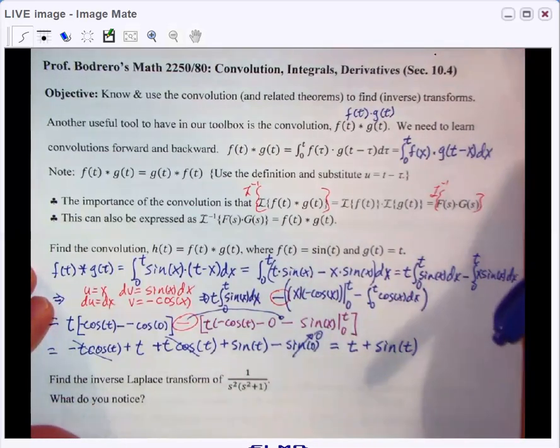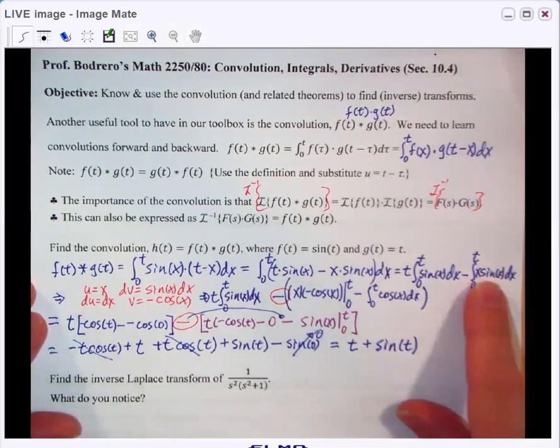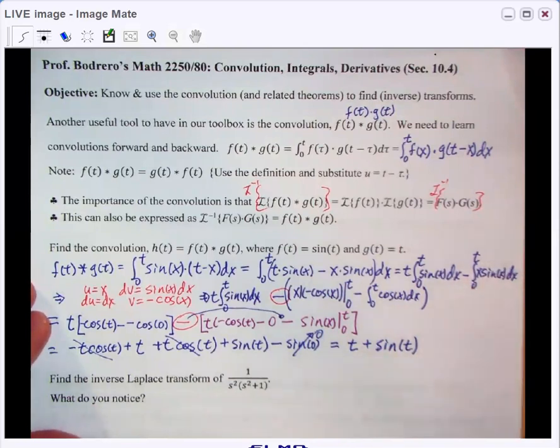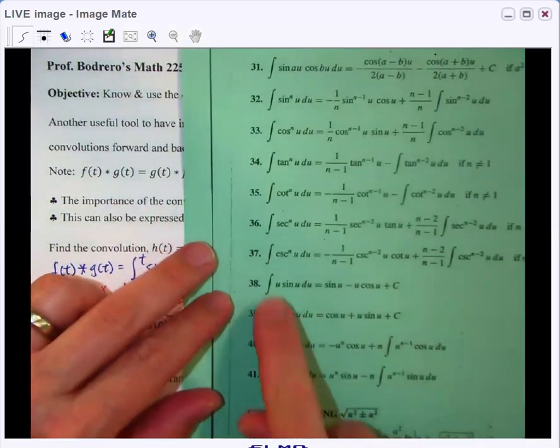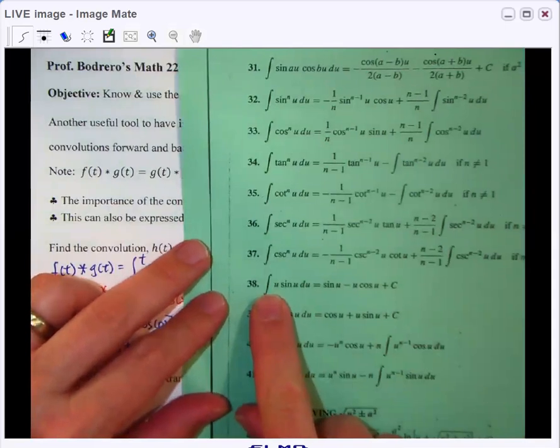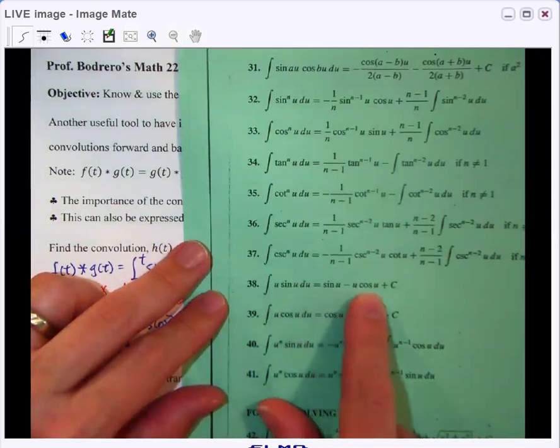Okay. All right. So that was interesting. One thing that I will mention is if you'd wanted to, we could have used our table of Laplace transforms and integrals. And if we'd wanted to, we could have saved ourselves some integration by parts and just referenced table number 38, where we've got the integral of u sine of u du is sine of u minus u cosine of u plus a constant.